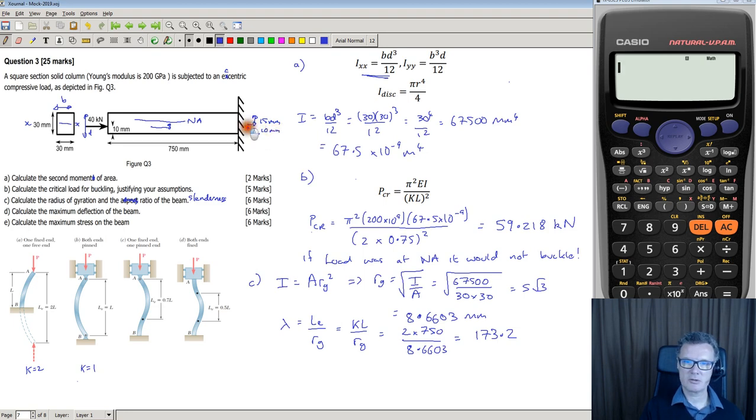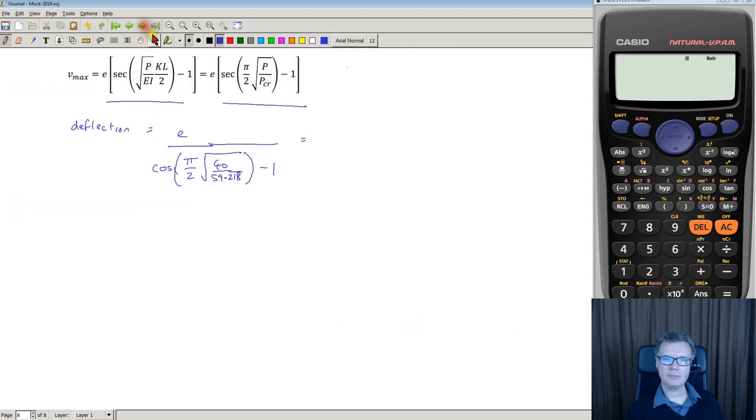So this distance is going to be 30, take away 15, take away 10, so it's going to be 5. Probably an easy way to work it out, but that's what my e will be. So we could work in millimeters here, so let's put 5 millimeters at the top.